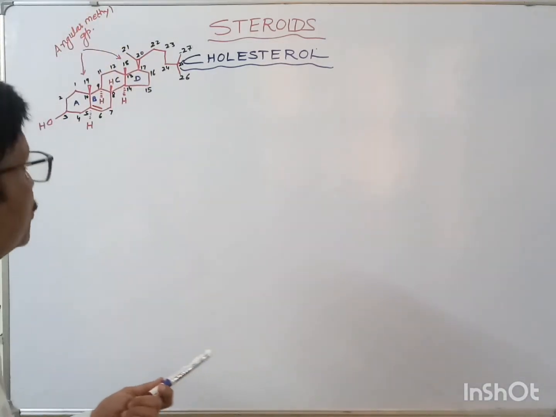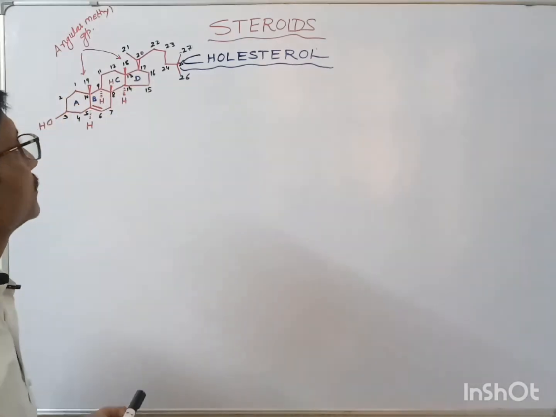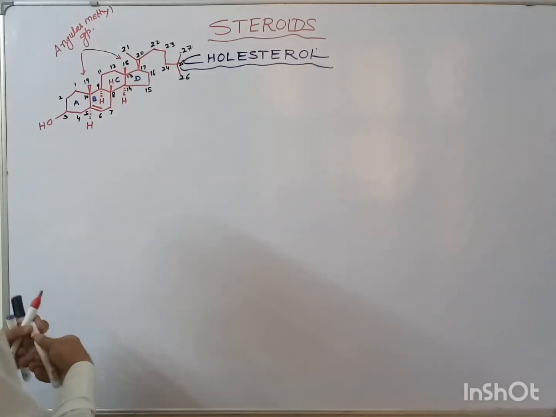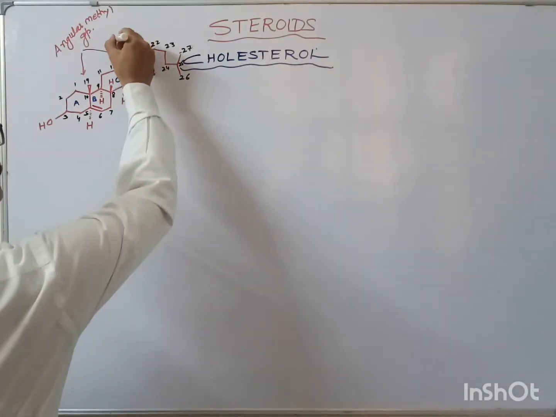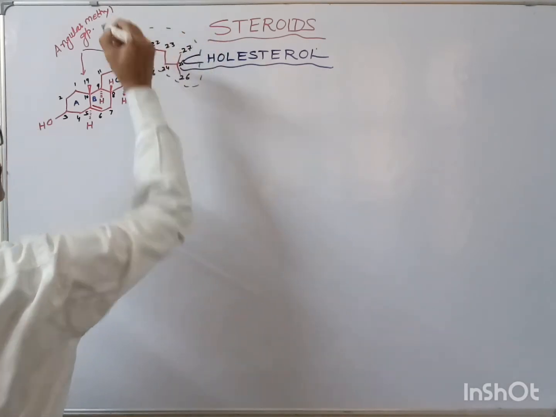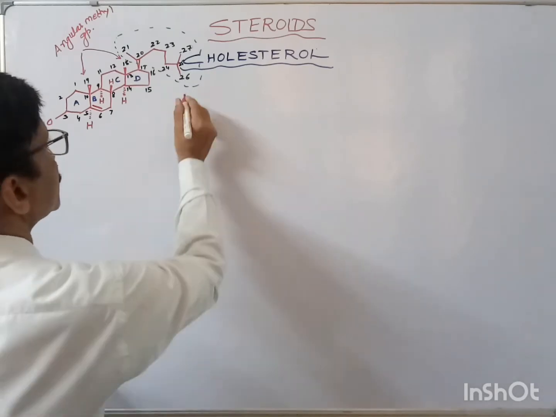And this side chain is at the 17th carbon, so at the 17th carbon you will see one side chain. So this is our side chain.